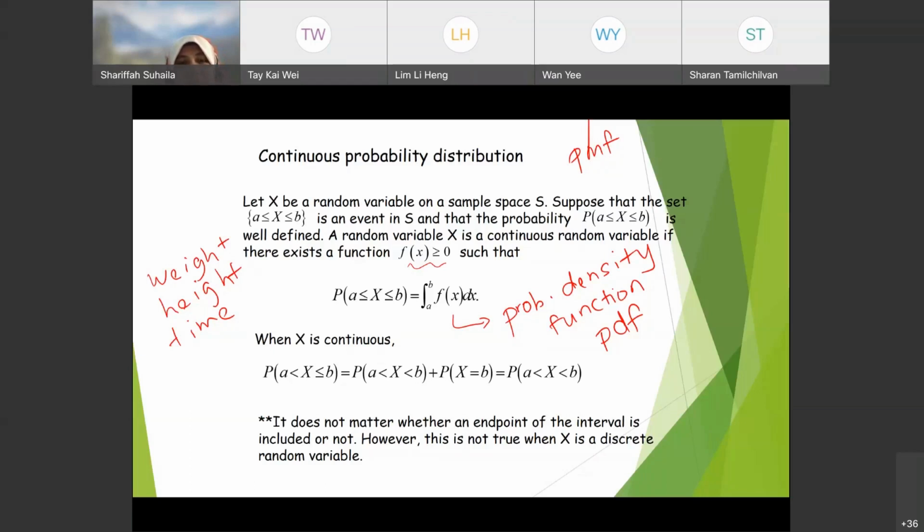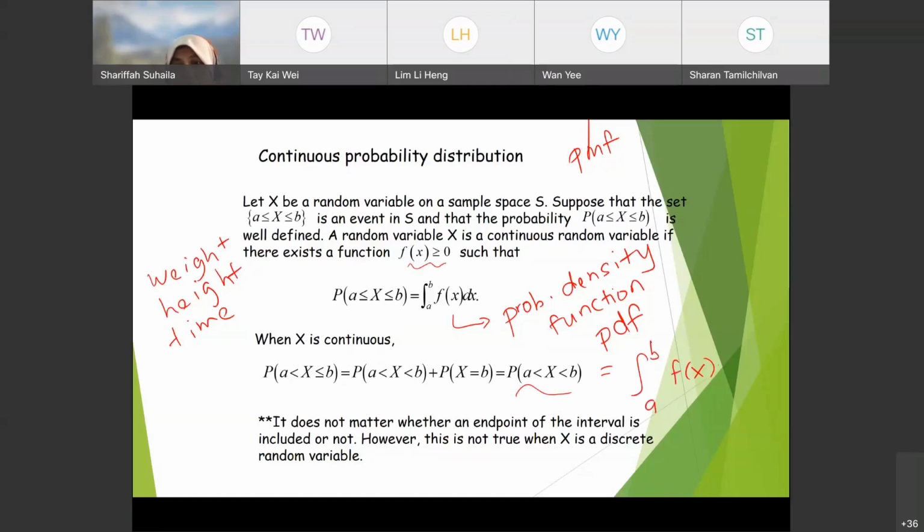But in the case of a continuous random variable, if you have the probability of A less than X less than or equal to B, it's the same thing as the probability of A less than X less than B plus the probability X equals B. So it is the same thing if you find the probability X between A and B. If you want to find X between A and B, you still need to integrate from A up to B, f(x) dx.